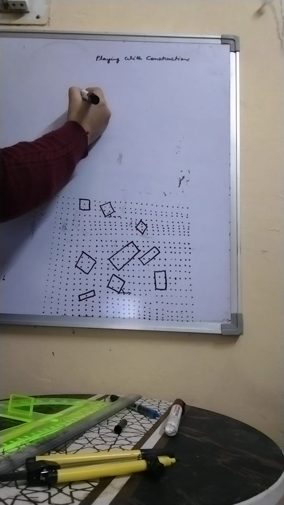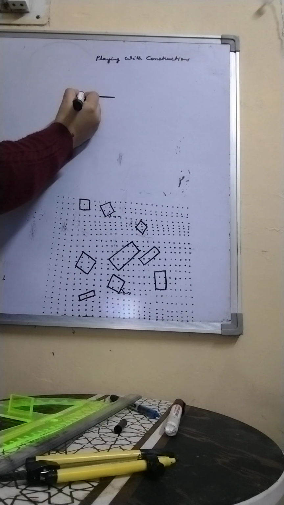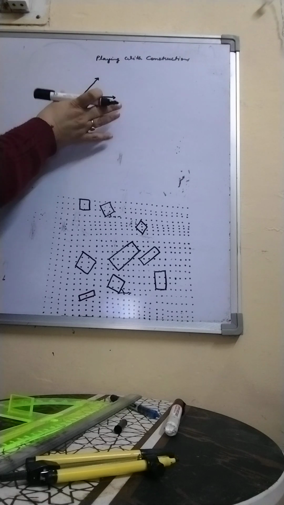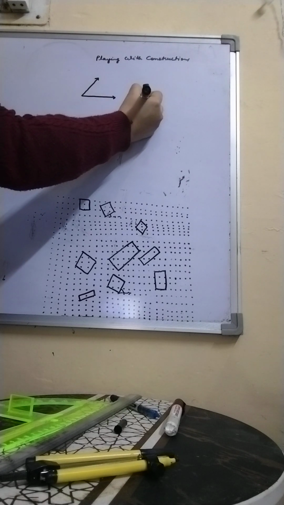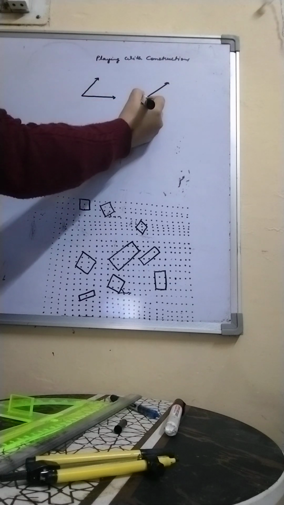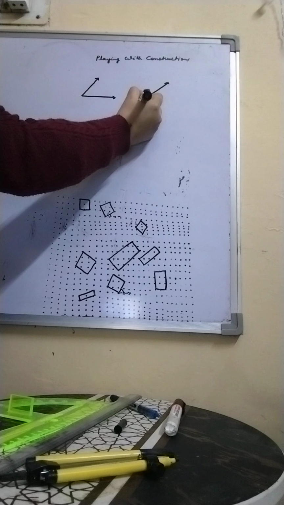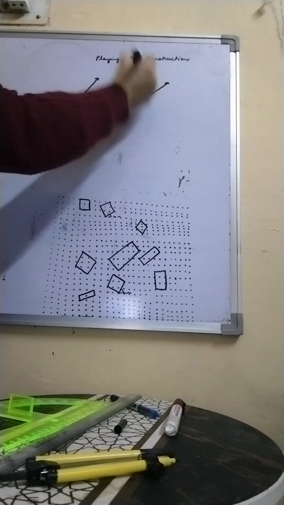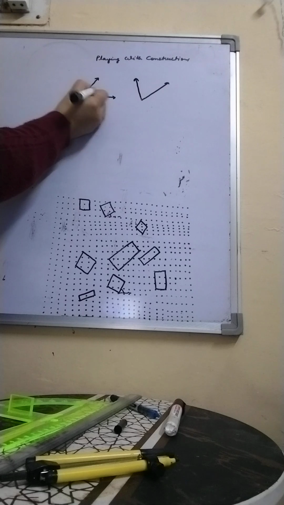Now, in angles, how did you rotate an angle? Suppose this is an angle. So what was the criteria on a dot grid? You would change the inclination of the line segment, the ray, and in this way you would get the rotated angle.